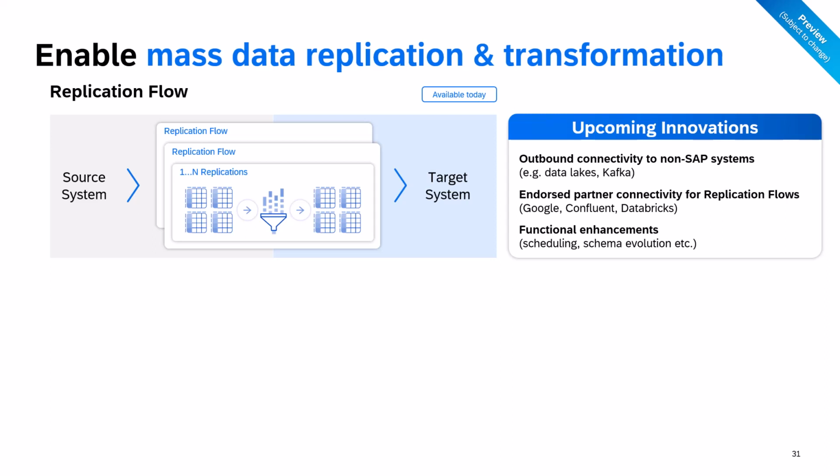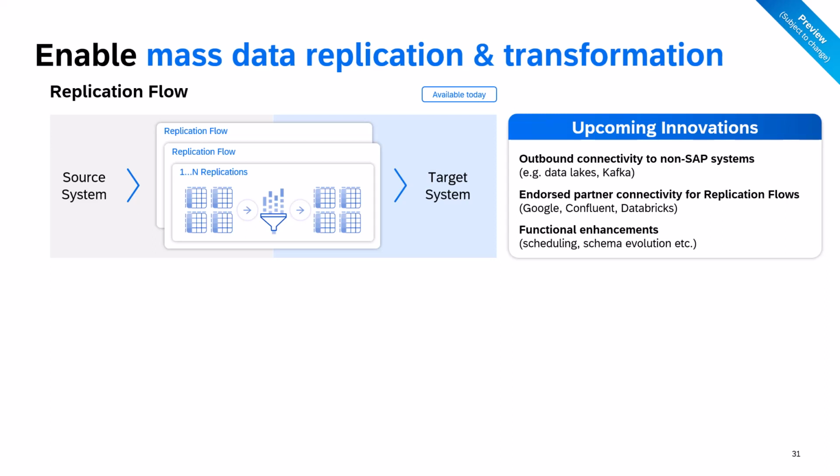One of the plans I indicated at the beginning already is outbound connectivity to non-SAP systems, meaning data lakes or even streaming systems like Kafka, integration with our strategic partners like Google, Confluent, Databricks for these replication flows, and then of course also functional enhancements with topics like scheduling, schema evolution, and more.